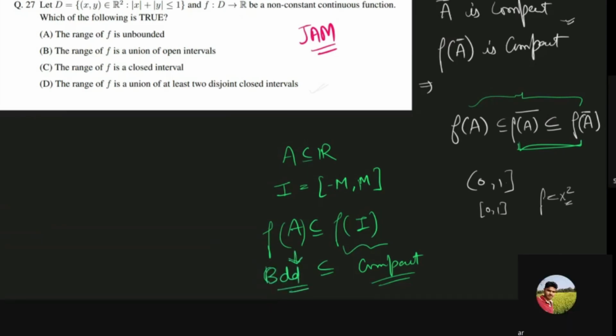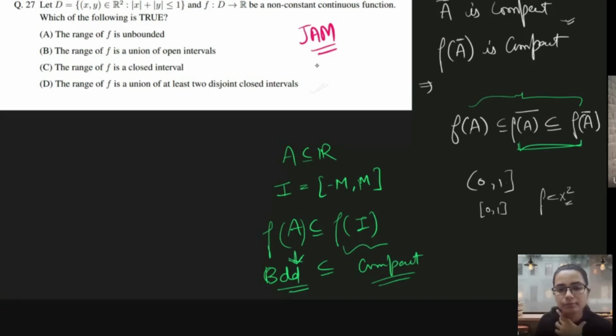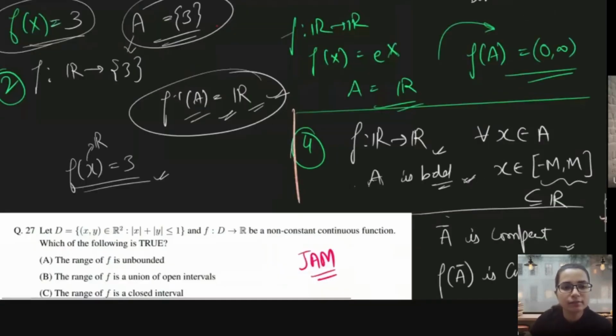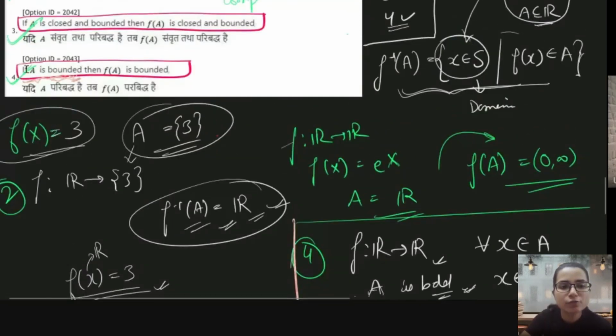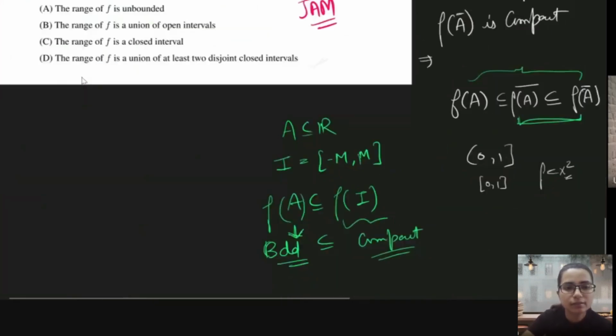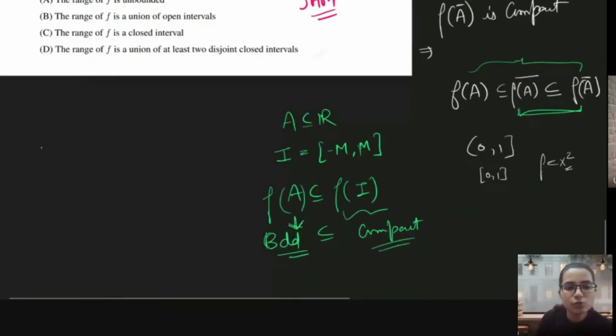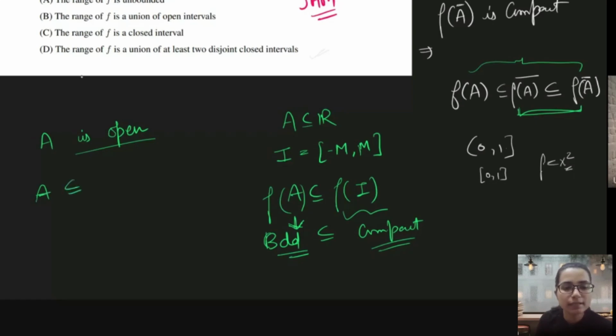Any subset of a bounded set is bounded. Think about it this way: A is bounded means that A is a subset of some compact set. Even if A is open, in the worst case, A will still be a subset of some compact set.